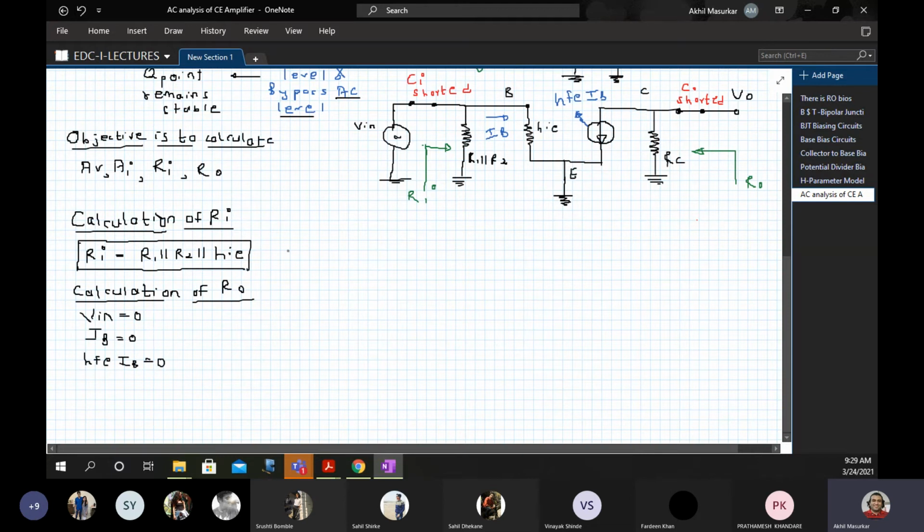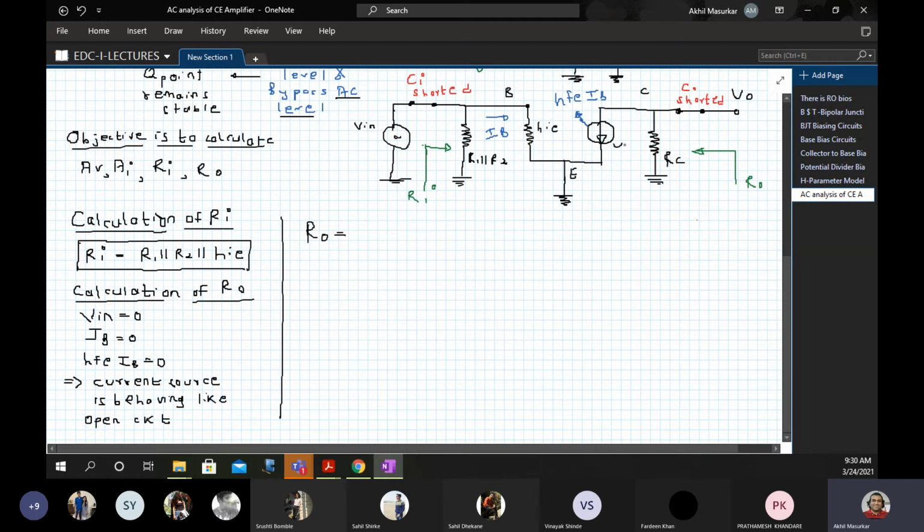So this current source behaves like an open circuit, and that is why R0 simply becomes RC.